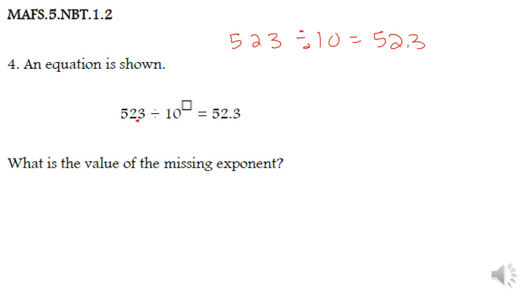Now, a lot of people have a hard time remembering which one's what. So the best thing you do is I know 10 to the 3rd power equals 1,000. So that means 10 to the second power would equal 100. So 10 to the first power would equal 10. So we can see, and if you continue down, just for your own reference, 10 to the 0 power would equal 1. So 1 is what belongs in here because we want 523 divided by 10 to get 52.3.